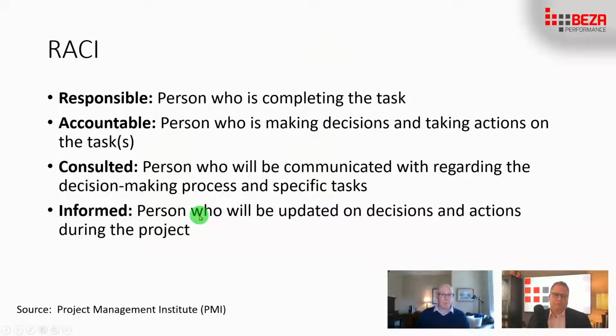And then informed: someone who's just going to be updated on what's happened. A lot of what I'm going to talk about today focuses on the first two areas, responsible and accountable. In fact, probably 90% of what we do when we do S&OP is about that, and then we fill in the C and I later, but that's critical.